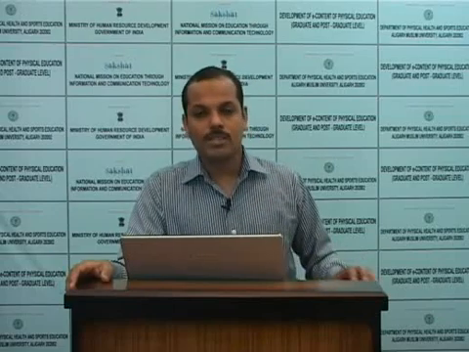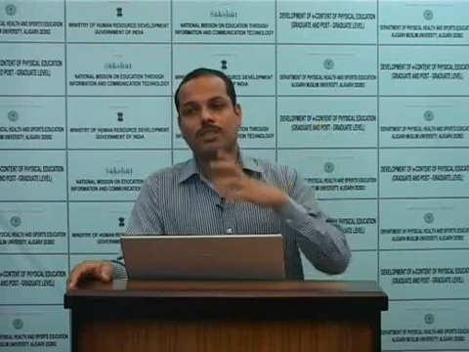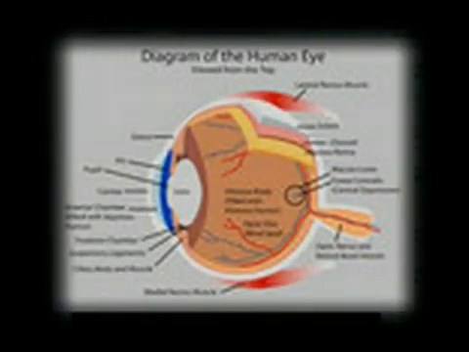Now, once you are seeing an object, the image of the object through the lens falls on the retina. Once the image falls on the retina, it stimulates the rods and cones. These are the receptors we already discussed, seen at the retina. It causes photochemical changes.